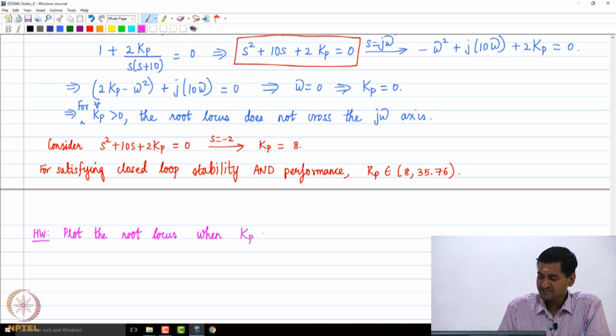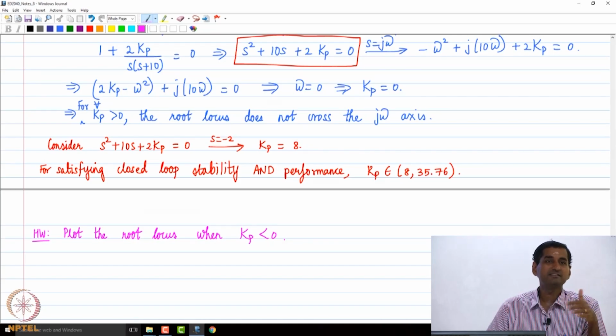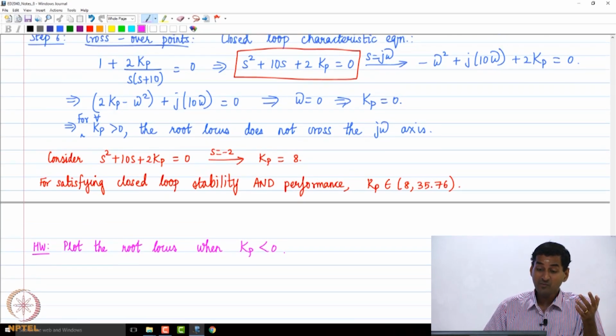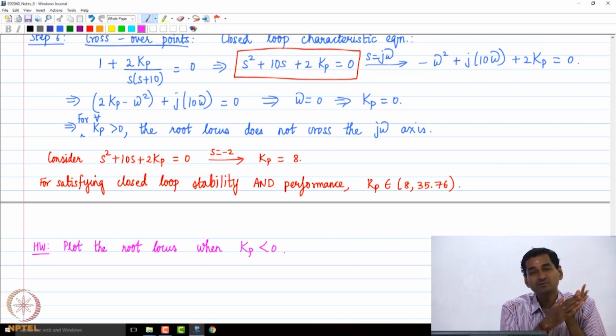This is just an exercise for you, so that you get familiar with the other ways of plotting the root locus also. Obviously, you will see that when Kp is negative, we already know that the closed loop system is not going to be stable. You will see that one branch will always go into the right half plane, okay.